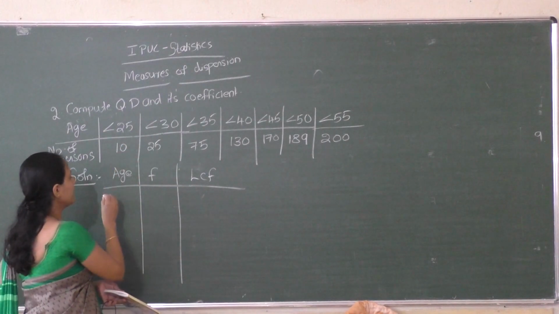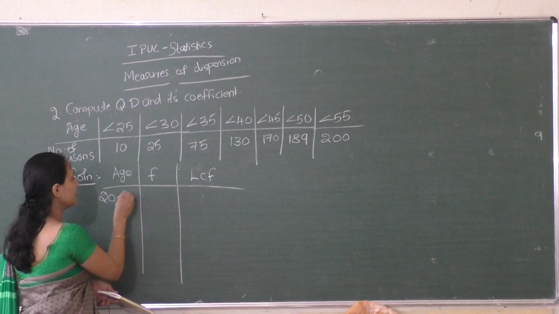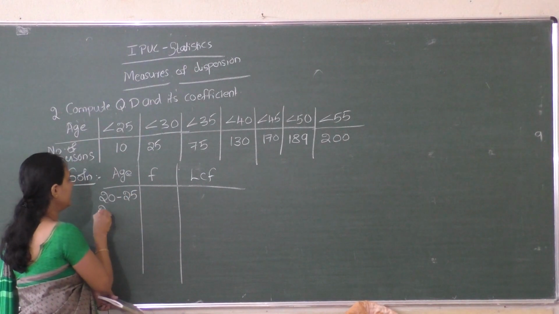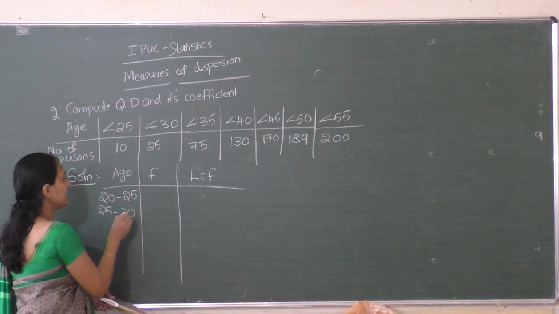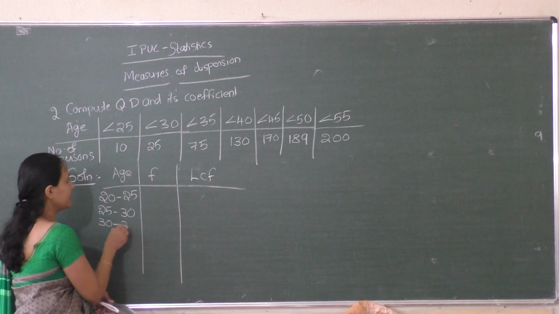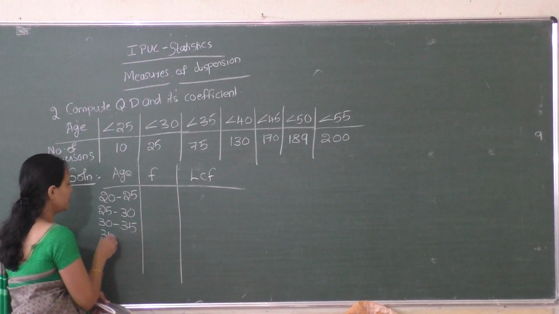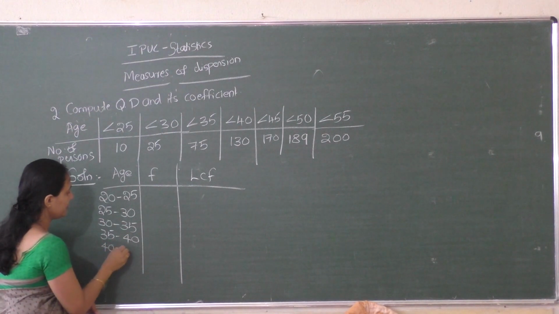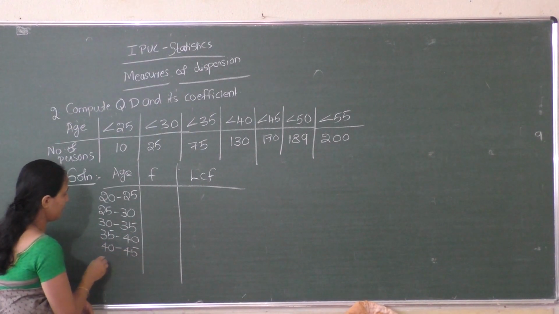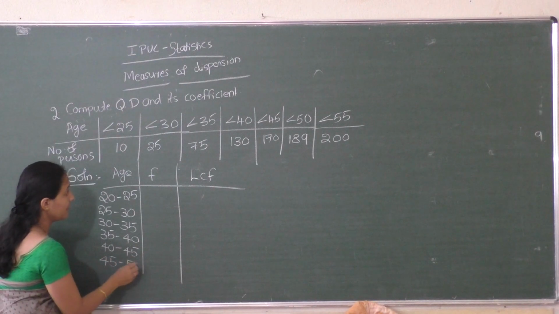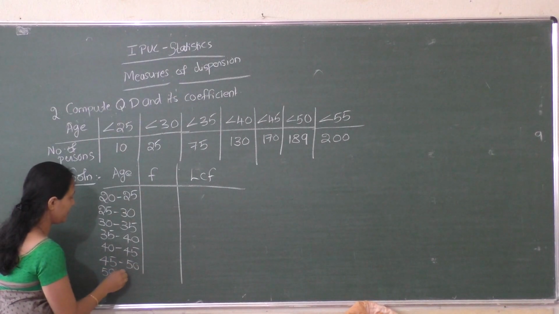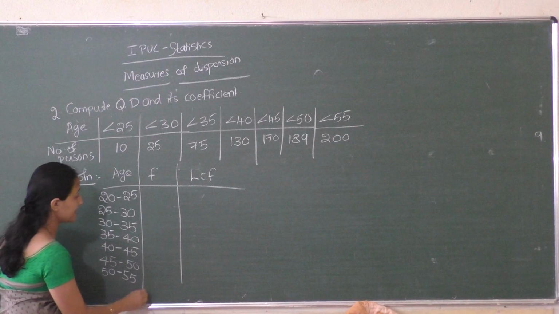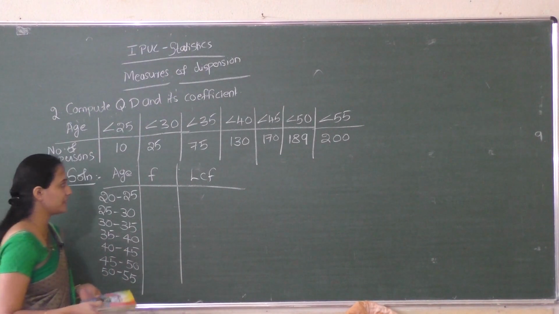Less than 25 means we can take width as 5: 20 to 25, 25 to 30, 30 to 35, 35 to 40, 40 to 45, 45 to 50, 50 to 55. Less than 55 means 50 to 55.